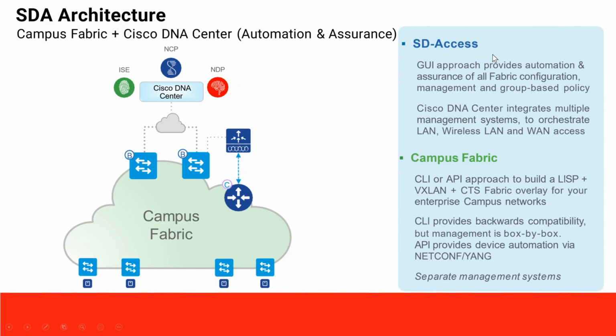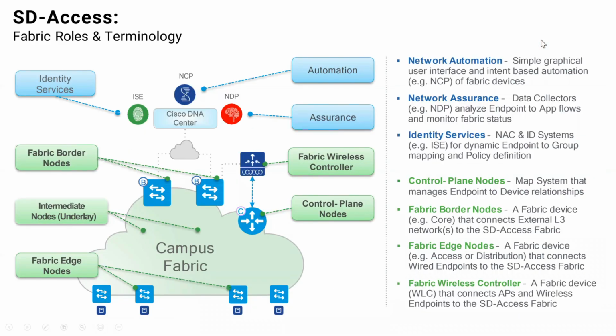So this is all about the campus fabric. Let's quickly jump on to the high level overview of the fabric roles. As we discussed, DNA Center comprises these three things. ISE, which is the Identity Services Engine, for managing the identity services or the policy part.